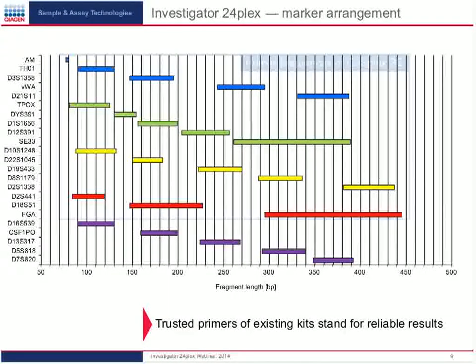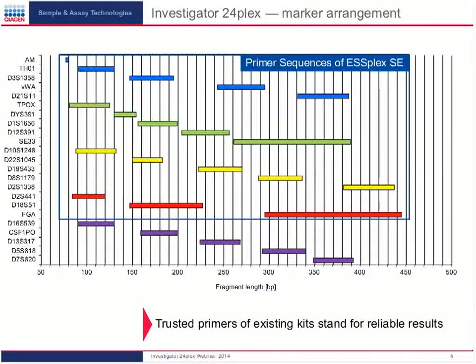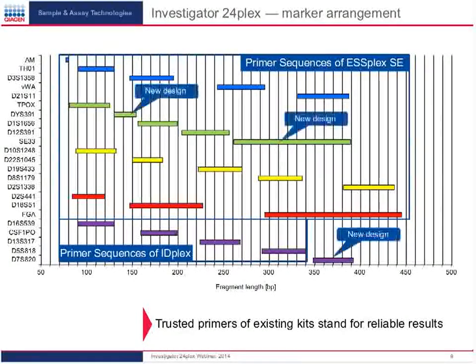In the development, we looked for primers that were already existing in our kits. So we had one block of primers that we took from ESSplex SE. Then the next row we took from IDplex Plus and coupled the primers with a new 6 color. And we had to design 3 new primer pairs. On the one hand, this is DYS391.